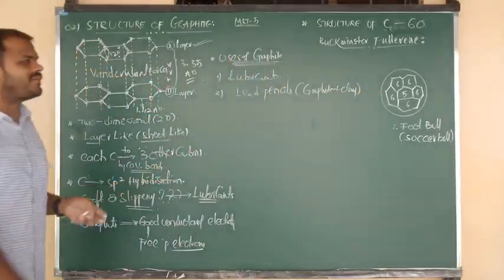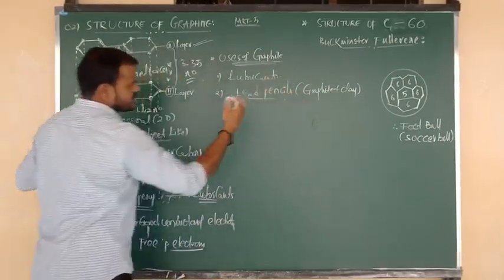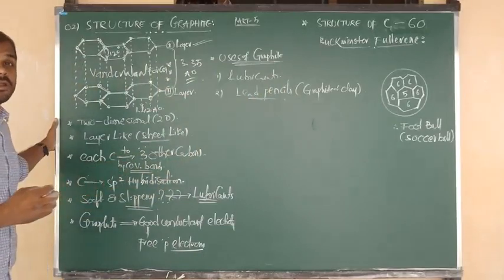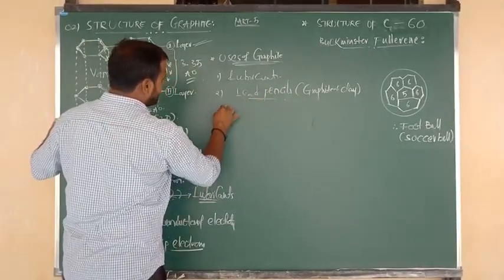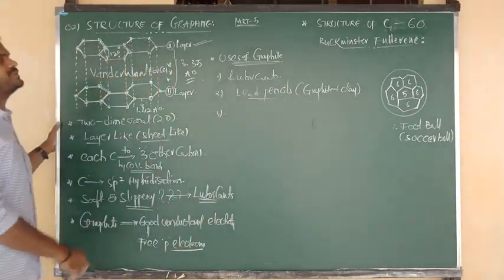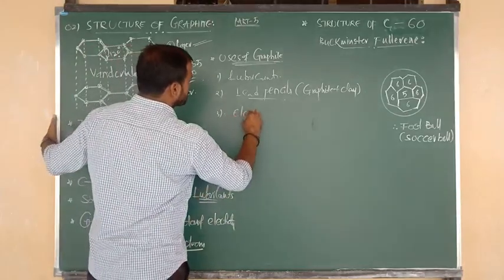So the mixture of graphite plus clay is useful in making lead pencils. There is no lead metal, don't think like that. So what is the lead percentage? 0%.